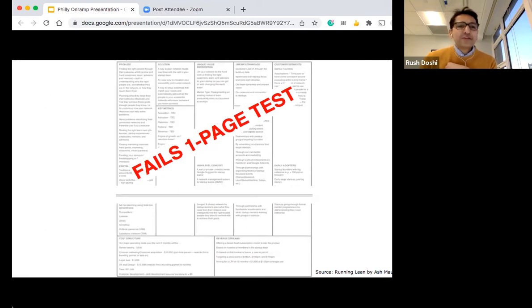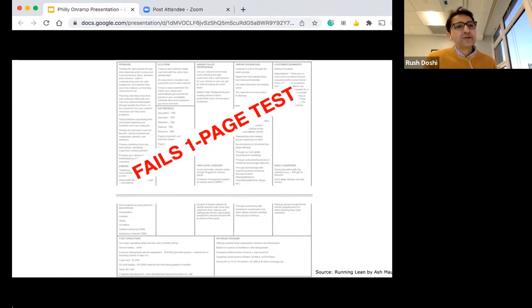Is a lengthy business plan still necessary? Well, John, I'll let you also chime in on that. But I would say that no, it's really not. I think a lot of the due diligence that you do when you're putting a business plan together is still really important and critical.